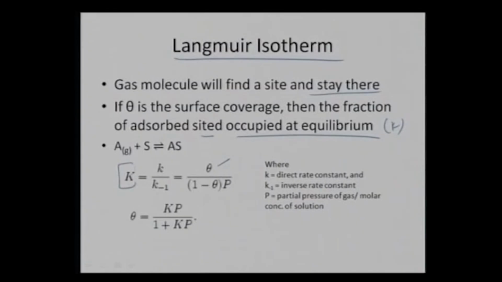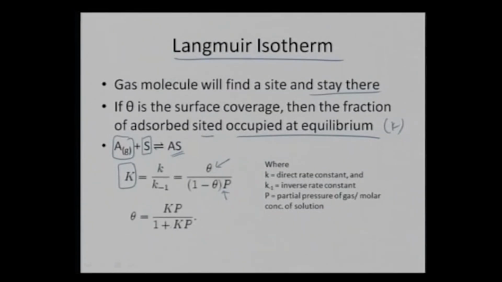So we have a particular species A, which is a gas, going and sitting on a particular surface S to form AS, and at equilibrium we can define the overall fraction of the adsorbed sites by the overall surface coverage and the overall partial pressure which is being generated.